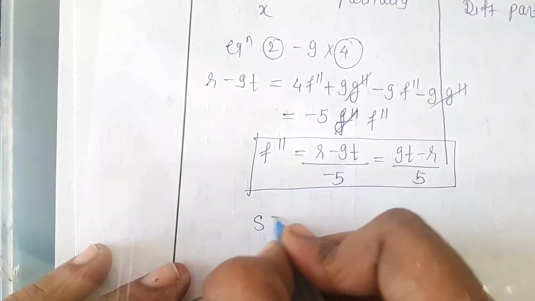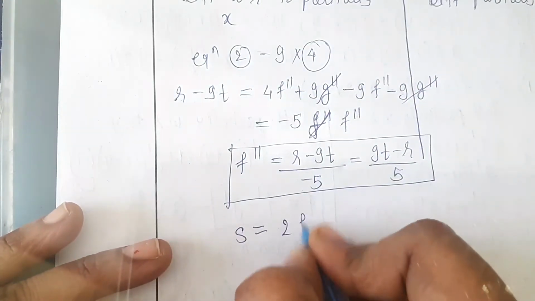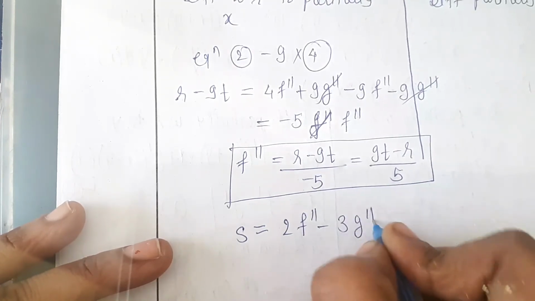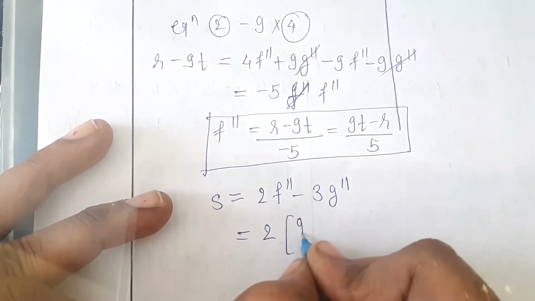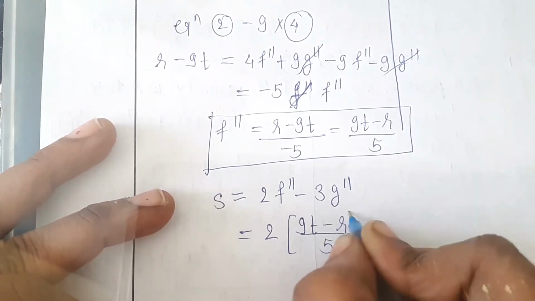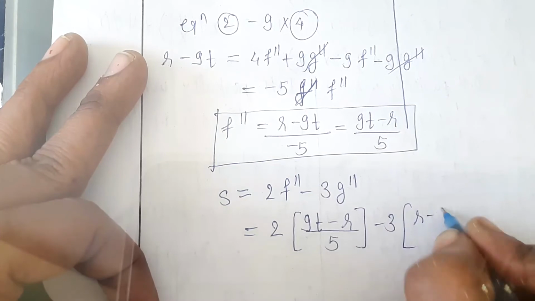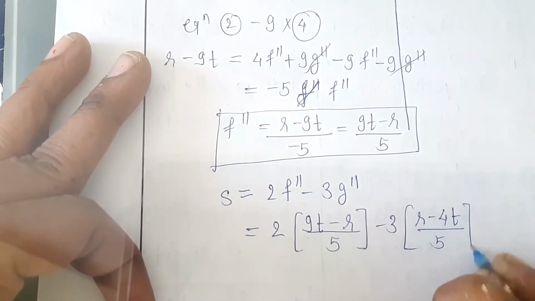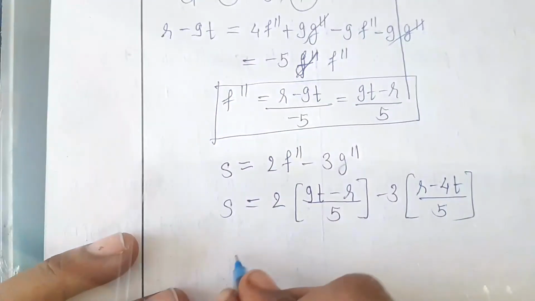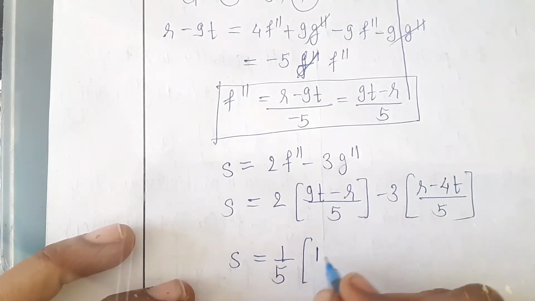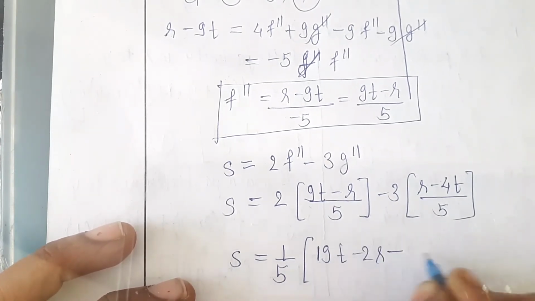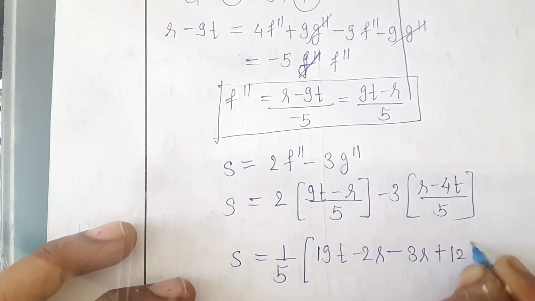Now we have s, which is 2 f double dash minus 3 times g double dash. So this is equal to 2 times f double dash, which is 9t minus r divided by 5, minus 3 times g double dash, which is r minus 4t divided by 5. So the s value becomes s equal to 1 by 5, taking it outside, 2 into 9t, that is 18t, minus 2r, minus 3r plus 12t.